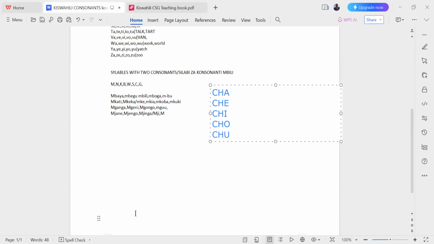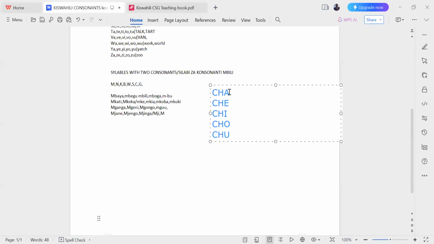It would be easy for us to read. Here we have a syllable made up of two consonants, C and H, to make the word cha.